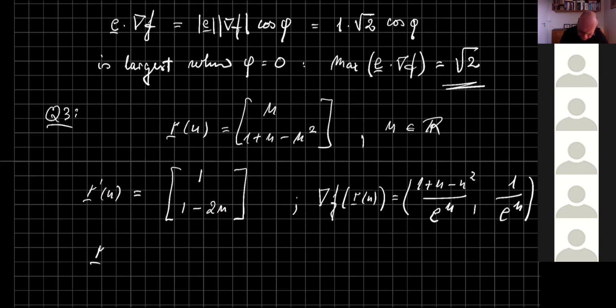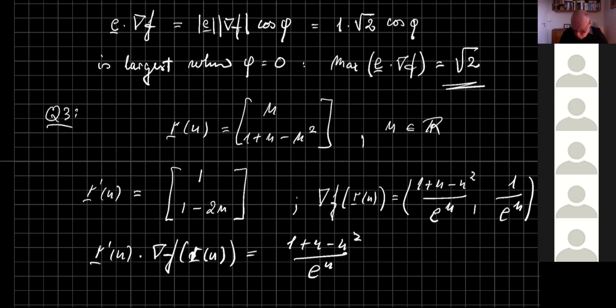So let me compute r prime of u times the gradient of f, at r of u, and you get 1 times the first coordinate here, that is 1 plus u minus u squared, and then you get 1 minus 2u divided by e to the u. So this is the result.